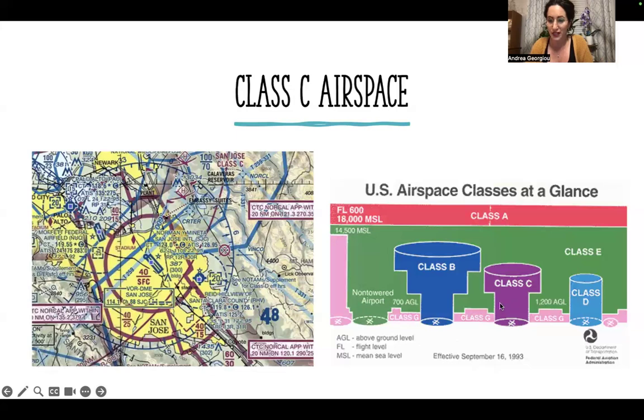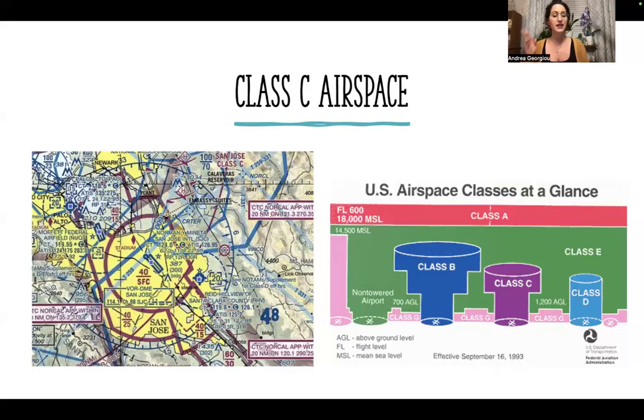The cylinder part here is a 5 nautical mile radius, and then it doubles on the top shelf there, 10 nautical mile radius. All right, so what do we have to fly in Class C? Remember, as we go through these letters, they become less restrictive. So it will not be as much as you need for Class B airspace. Go to paragraph Charlie 1, and it says no specific pilot certification.